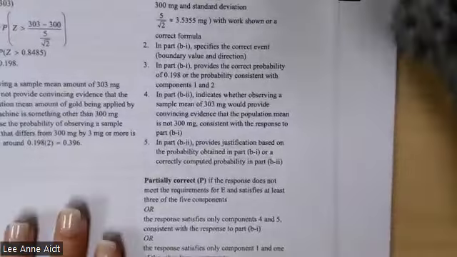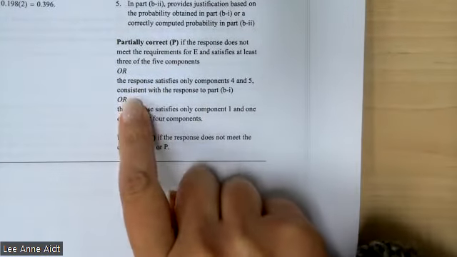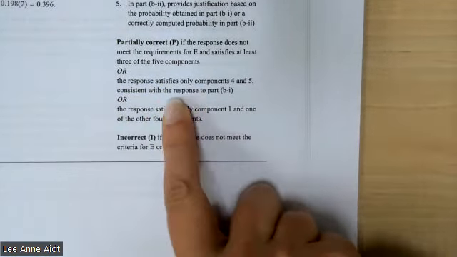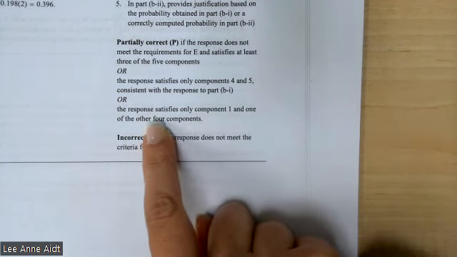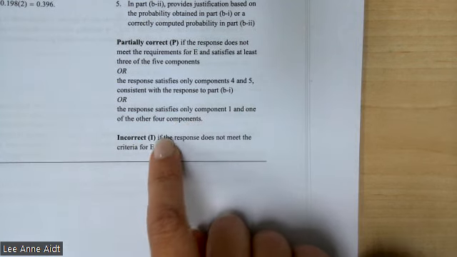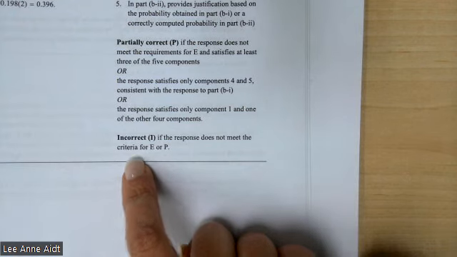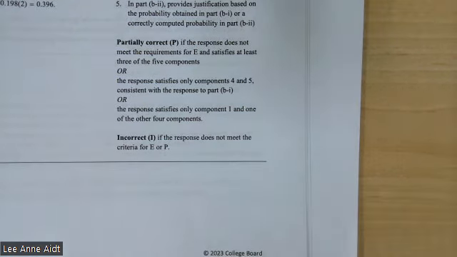Okay, you get a P if you had 3 of the 5 of those, or if you have only 4 and 5, or if you have component 1 and 1 of the other 4. Cripes. You just put like smiley taco when you get a P on this one.